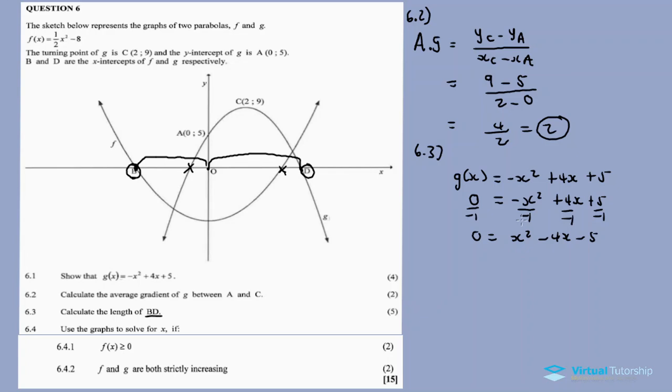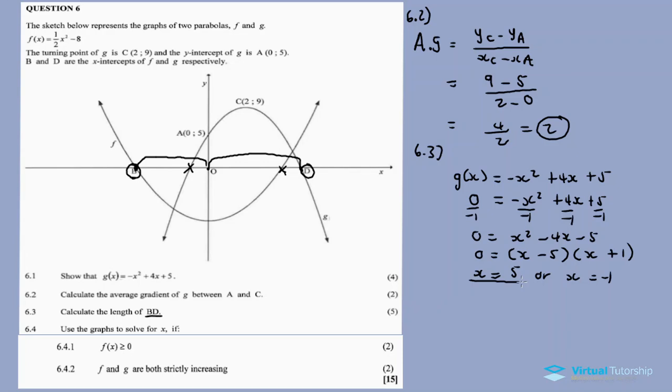Why divide by negative 1? So that x squared will be positive, or you can just transpose everything to the left-hand side. So 0 is equal to (x minus 5)(x plus 1).